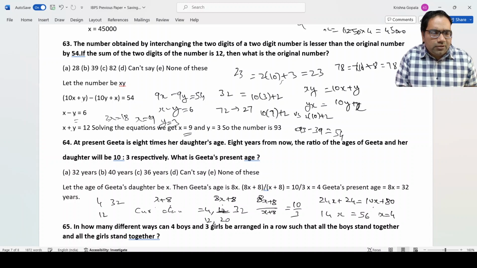After 8 years, it would be 12 and 40. 40 by 12 is equal to 10 by 3. This is the correct answer.